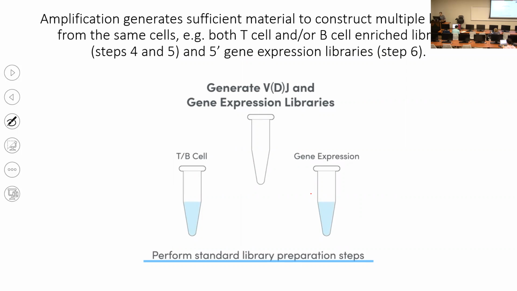On your left, it's called VDJ library preparation, because we are looking at the sequences in the T cell, B cell receptor genes, and we want to find their VDJ isoforms, the combinations of those. Well, on the right side is still the gene expression library. That's what we already know a lot about.